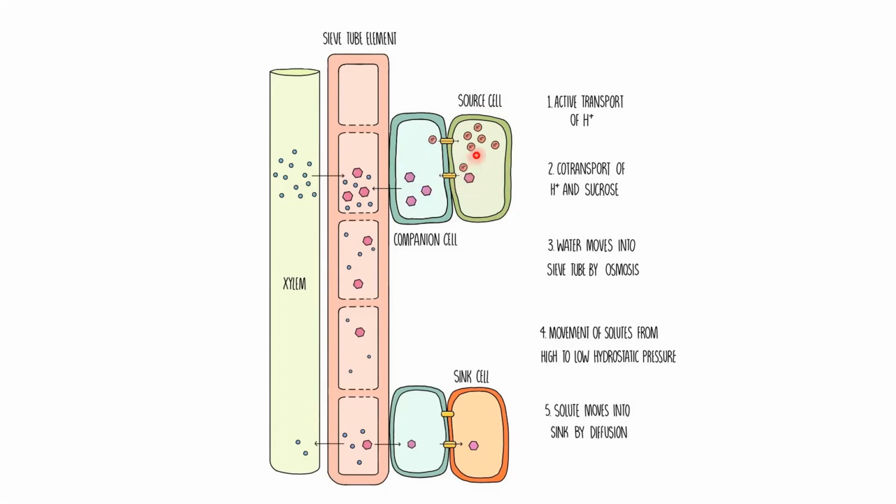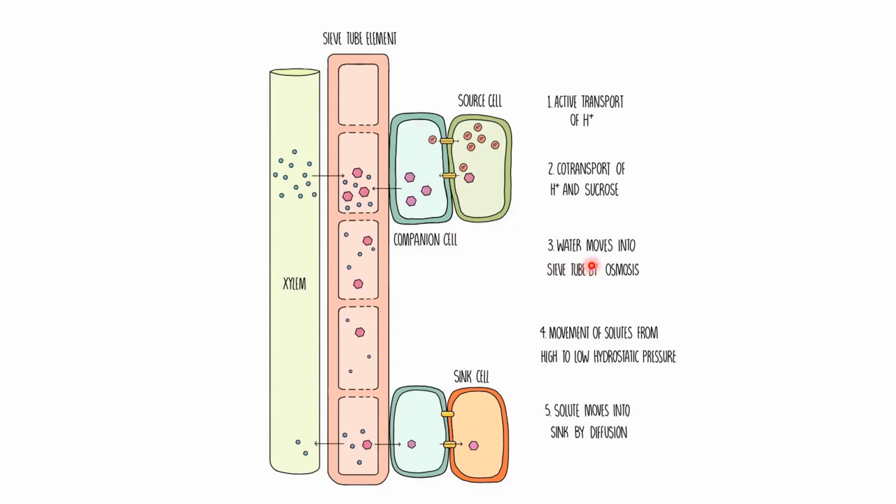Because it's facilitated diffusion, it wants a protein channel, and the plant body was so clever that in this facilitated diffusion channel, it made sure that the hydrogen cannot be moved out without a sucrose or an amino acid attached to the protein pump, and that's how both move in. The sucrose or the amino acid moves into the phloem, and the hydrogen that was moved here is sucked back into the source cell.